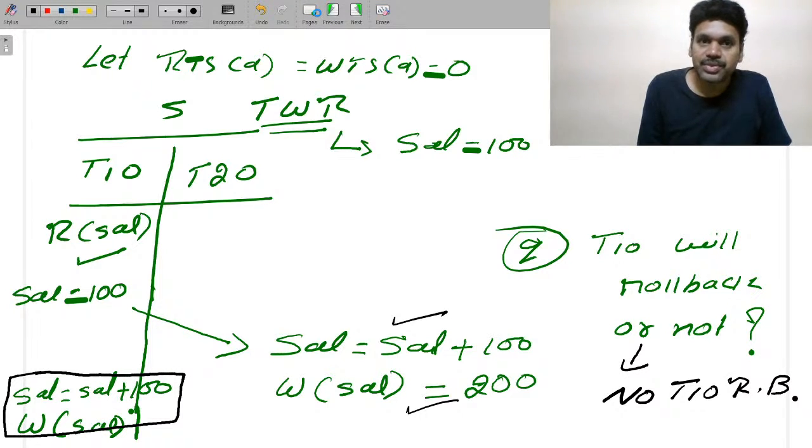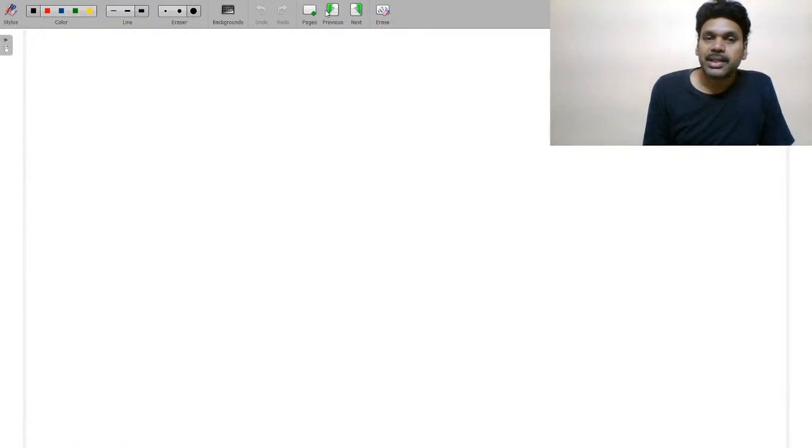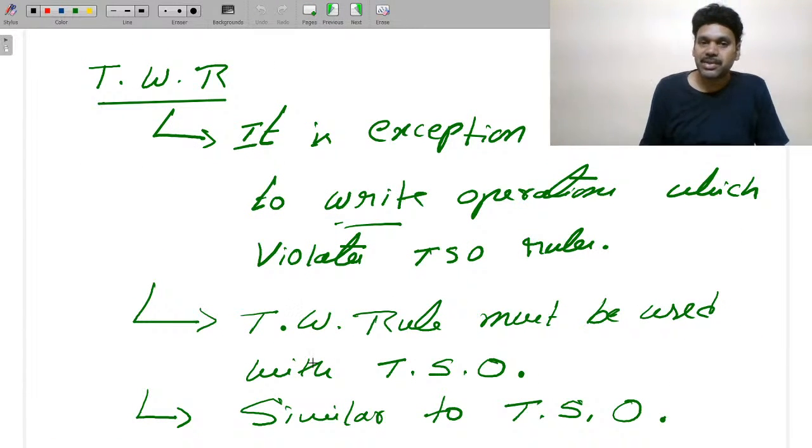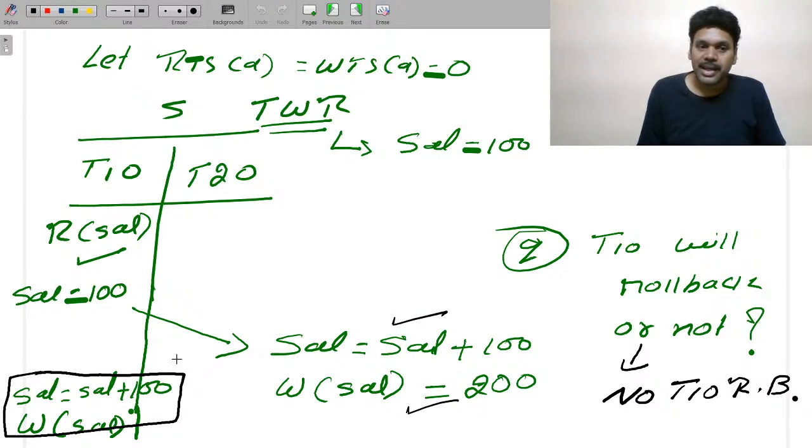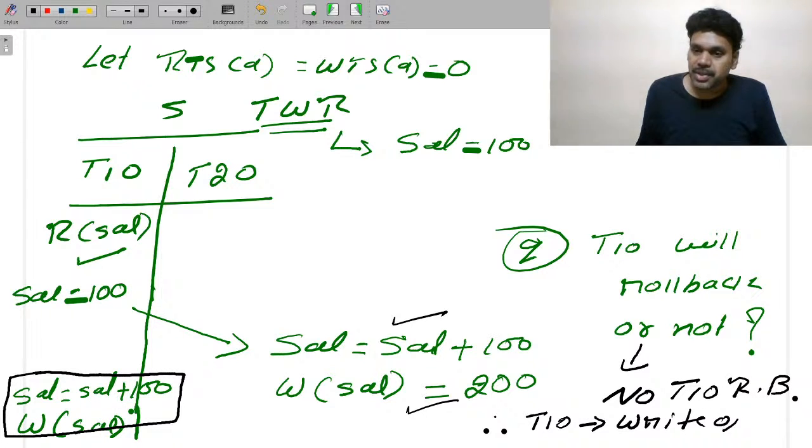Because of this one. What is that? Please understand friends. It gives an exception to write operations which violates the Thomas Timestamp ordering rule. Therefore, what is our strategy? Even if you are coming with a violation, it is not going to do any kind of rollback of T10. Therefore, T10 write operation is known as obsolete writes.